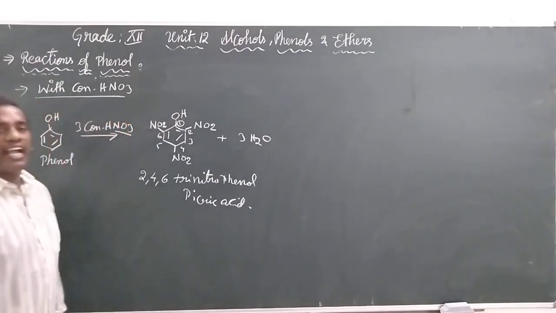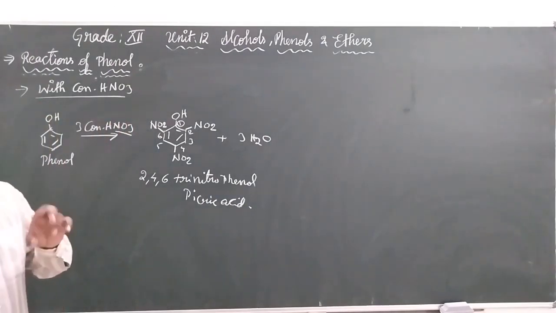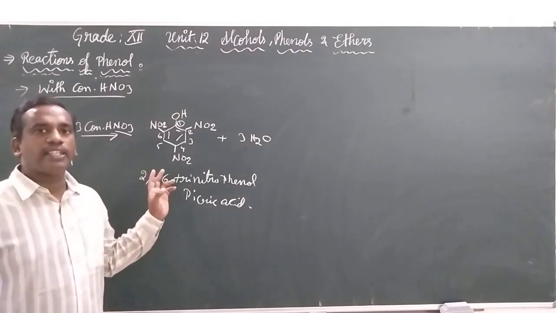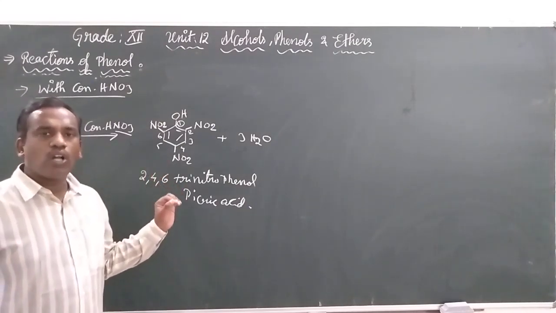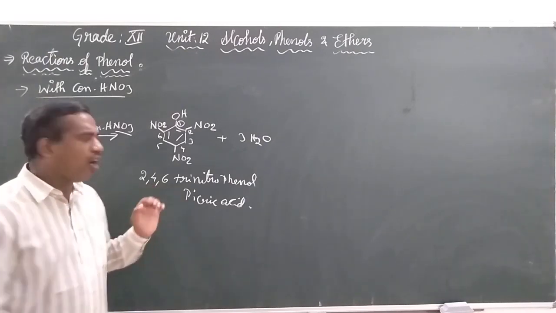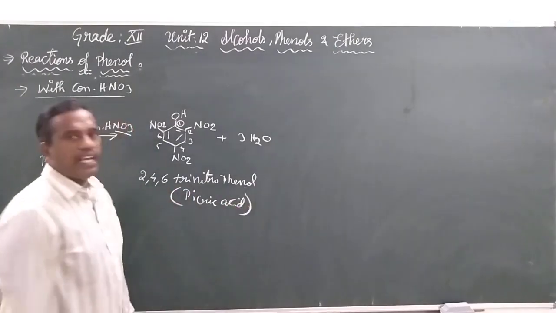With dilute acid only 2 products are obtained, ortho and para. But with concentrated acid we have a tri-substituted product, 2,4,6-trinitrophenol, which we also call picric acid.